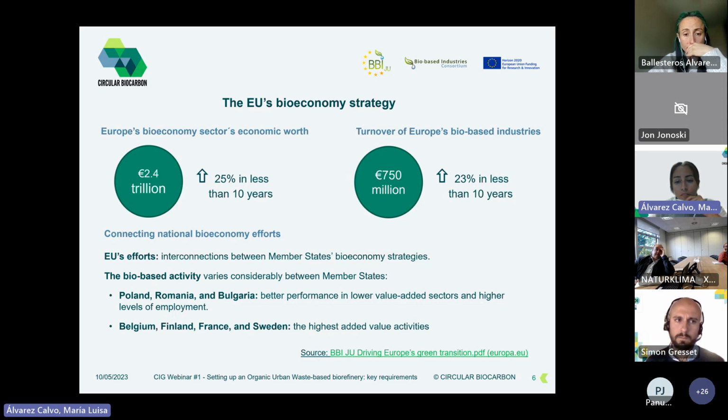For example, Eastern European countries, including Poland, Romania, and Bulgaria, perform better in lower value-added sectors of the bio-based economy, which generate higher levels of employment. Meanwhile, countries such as Belgium, Finland, France, and Sweden have the highest added value activities, as measured by the difference between turnover and employment.